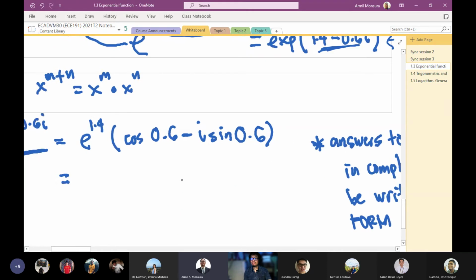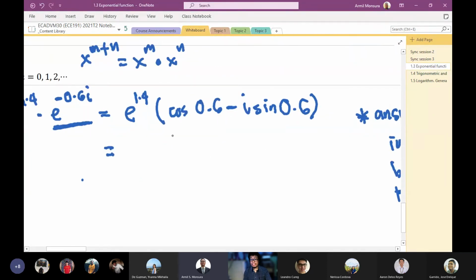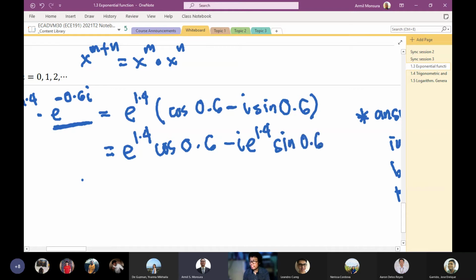So remember this. Now, if we will write this in rectangular form, then we will have to expand this expression. So that means we have e raised to 1.4 cosine of 0.6 minus i times e raised to 1.4 times sine of 0.6.